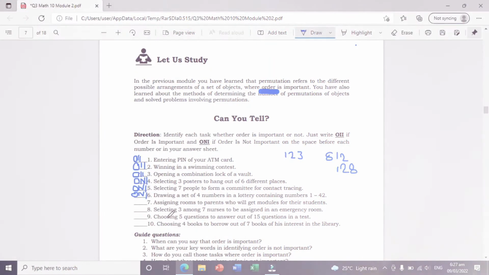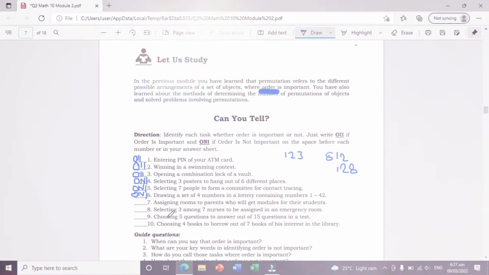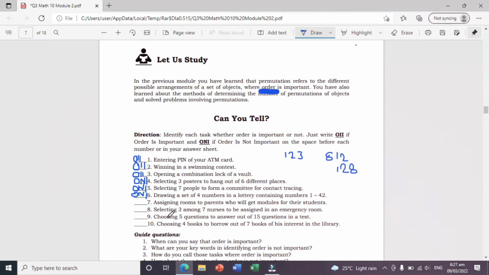So, it would be different naman kung ang na-assign sa room A is si parent 2, sa room B si parent 1, at saka sa room C is parent 3. So, order is important. So, OI.